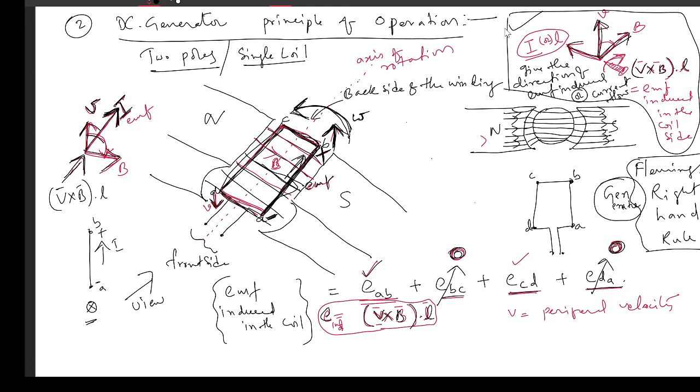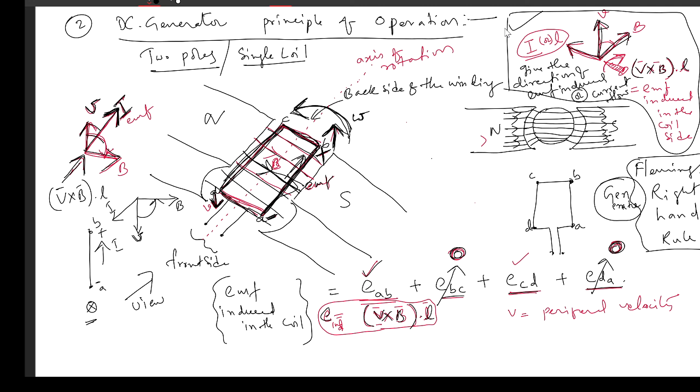Now when it comes to CD, the coil side is going down, moving down, that is peripheral velocity is down, and the flux density is again same, in this direction, and this is peripheral velocity V. Now V cross B means it will be in this direction.